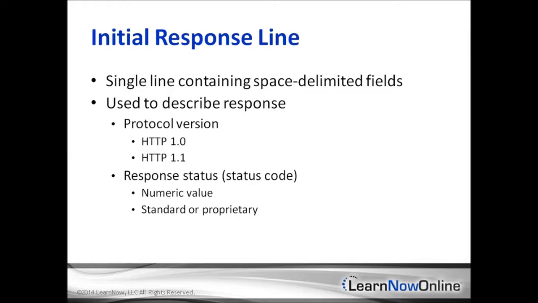Okay, it's a numeric value. It can be something that's standardized. In other words, there are several standard response codes in the HTTP protocol, or it can be something that your organization comes up with and maps different responses from the back end to a particular status code. Then there's also a description, which is some information about the code itself, you know, whether it's okay, failure, server error, client error, something of that nature.